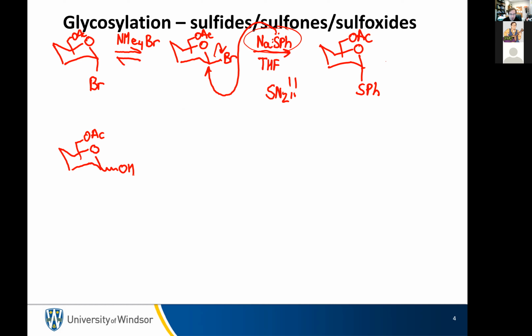It would love to be able to make furanoses too. It can't because there are acetates at all the other positions. We use thiourea, water, potassium carbonate.